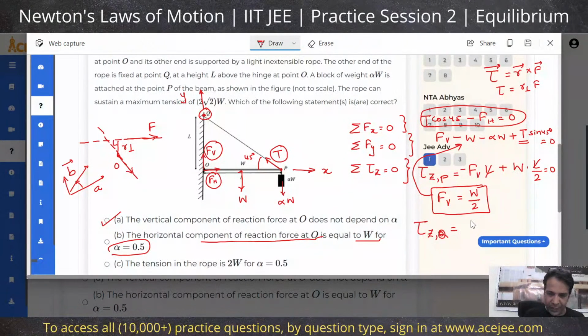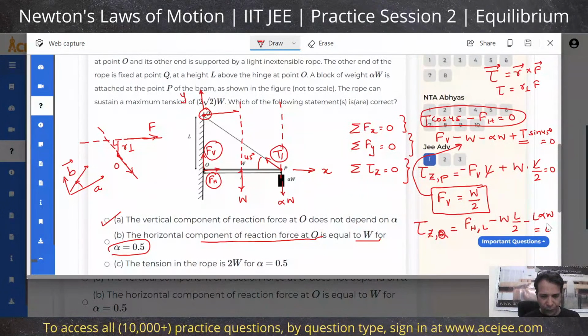The torque about Q should be 0, which means Fh, that's the direction of the torque, coming out of the screen, Z, minus W into the perpendicular distance for the line of action, which is L by 2. So minus W L by 2 minus L alpha W equals 0.